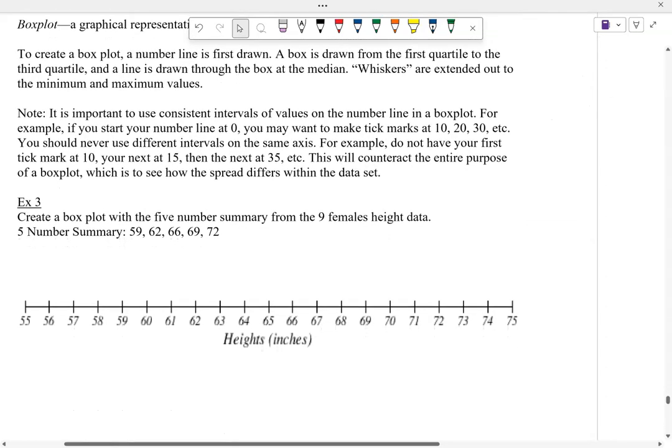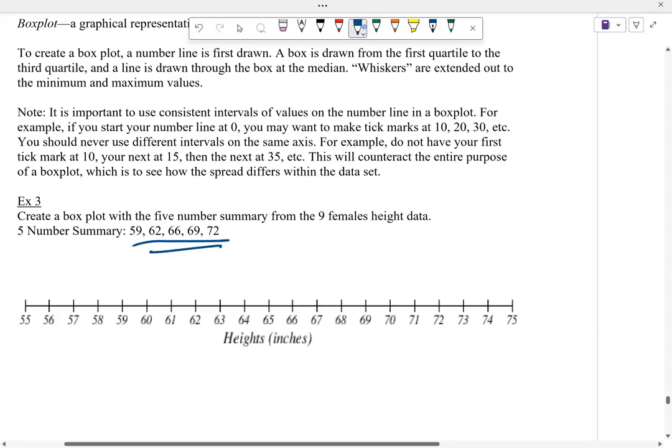Oh, I'm sorry. It gives me the 5-number summary right here. So it's already given us the minimum right here, 59. Maximum 72. I think this is from our first set of data with the 9. Yeah, we have 9 female data. So our first example there. 66 is our median. There's quartile 2. 62 is quartile 1.